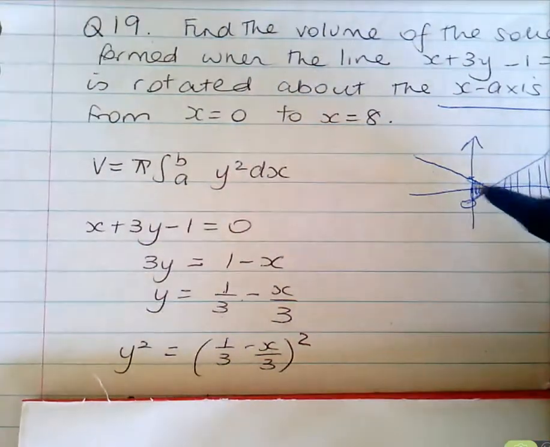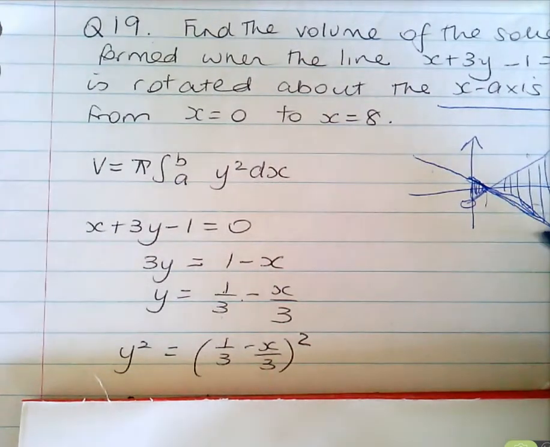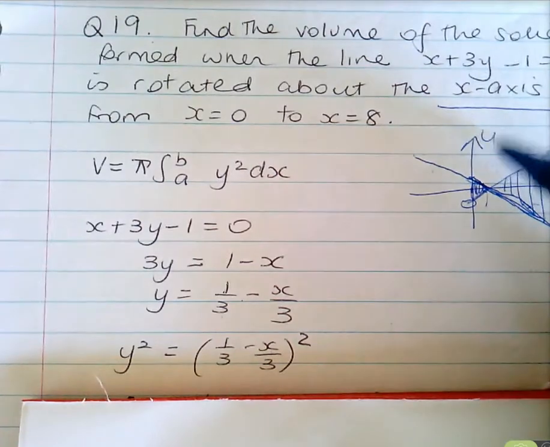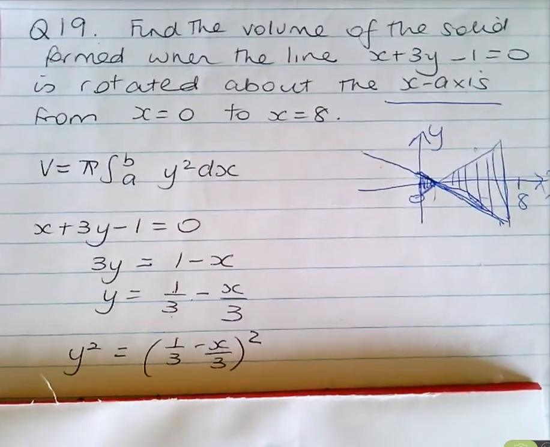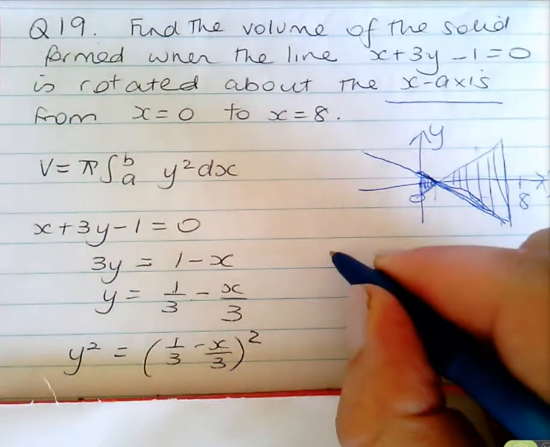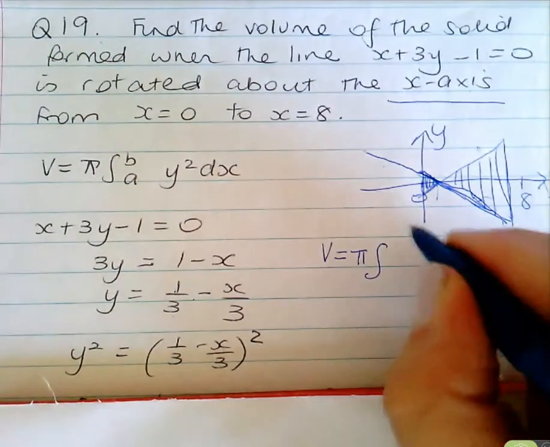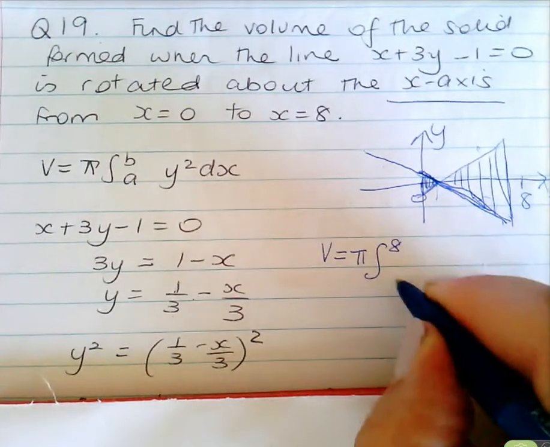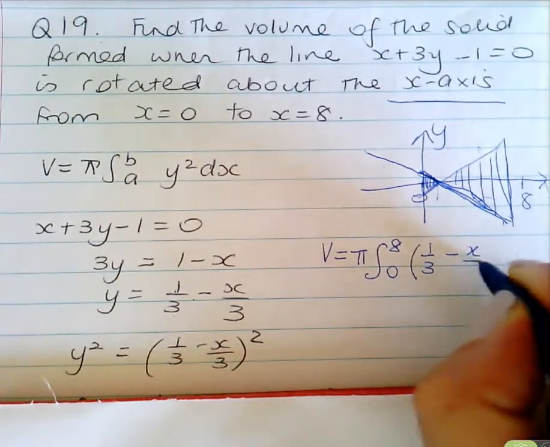It'll all work. This top bit gets rotated around there, and this bottom bit gets rotated up there. It'll all take care of itself when you do the integration. So we've got that volume is the integral between which values? 8 and 0 of 1/3 minus x on 3.